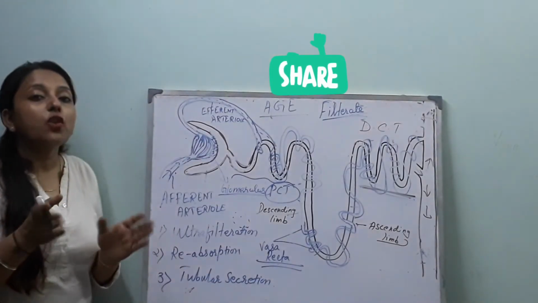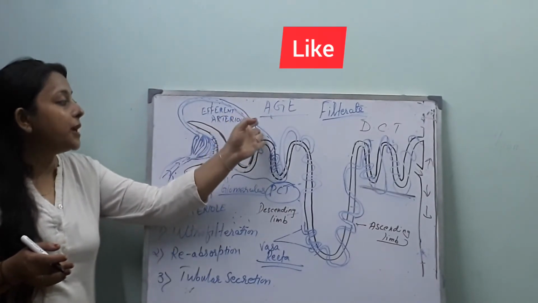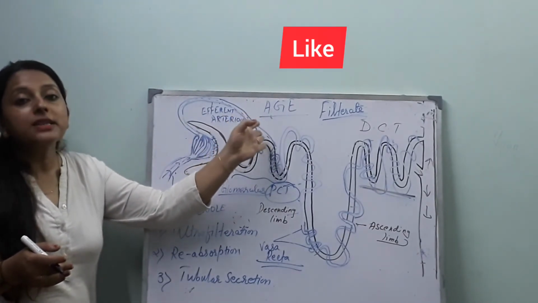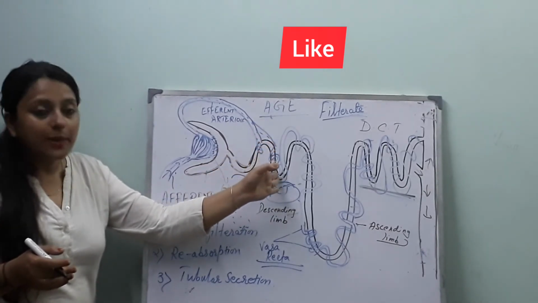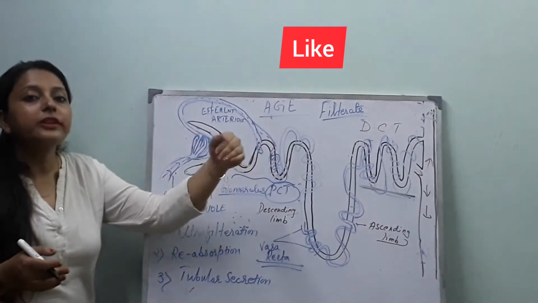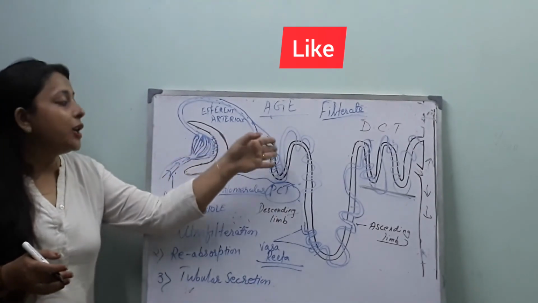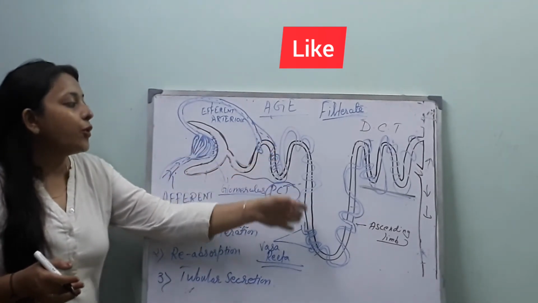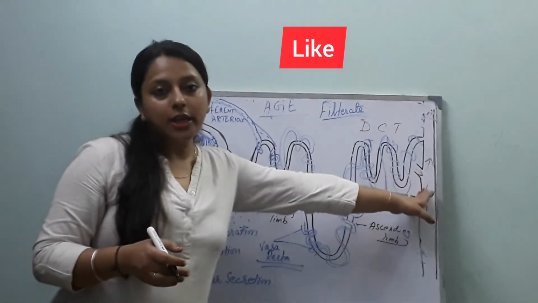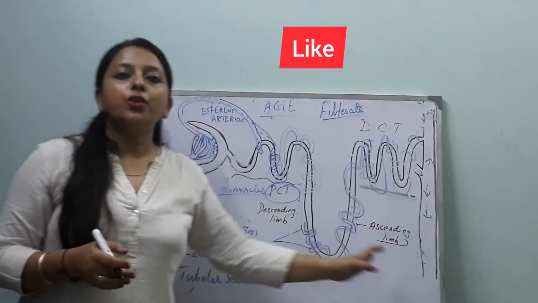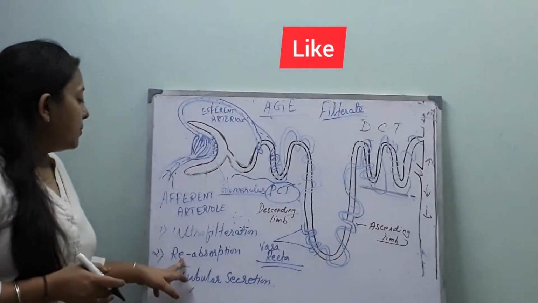But the waste or toxic products go from the blood capillaries into the nephron, and from the nephron they come into the collecting tubule and come out through urine. So tubular secretion is just the opposite of reabsorption.